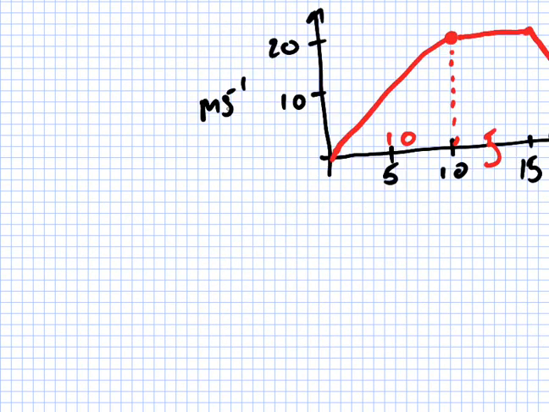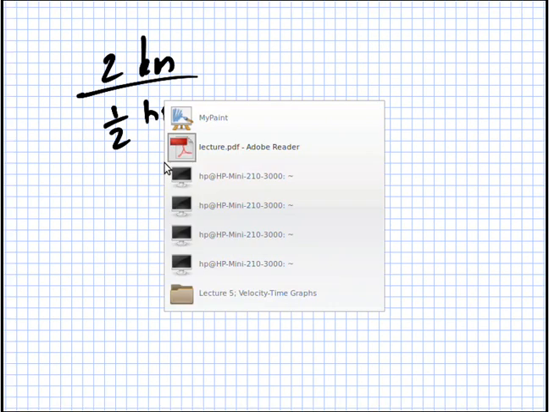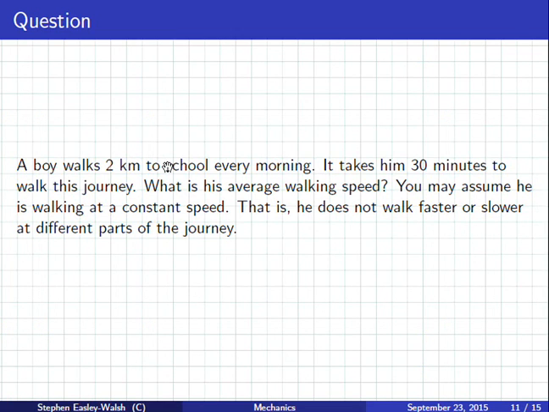No. What speed is distance over time? 30 minutes is half an hour. Yes, this is important. Alright, never mind.